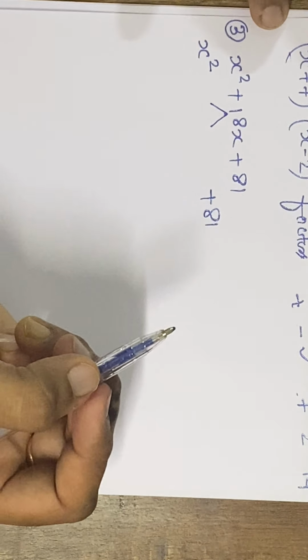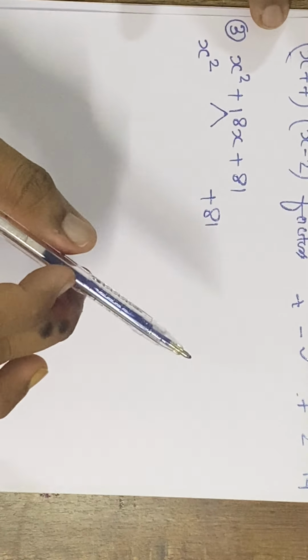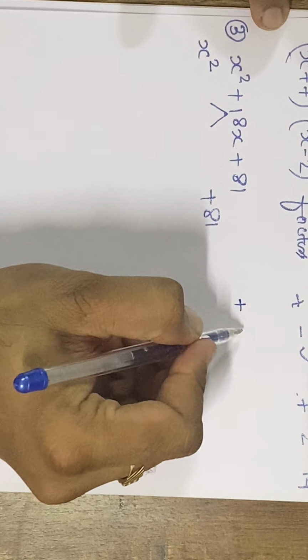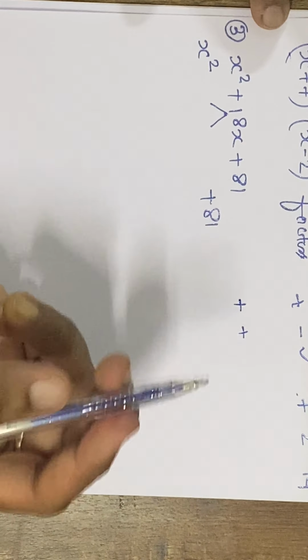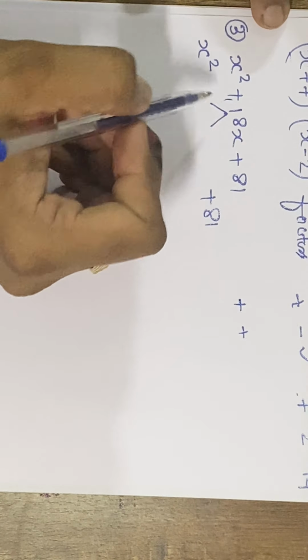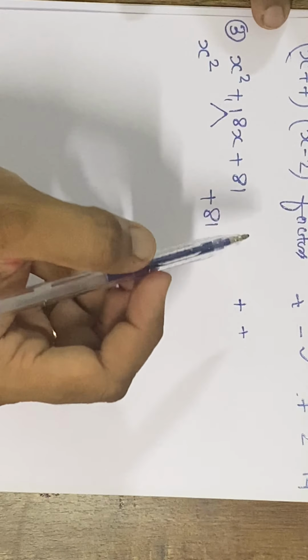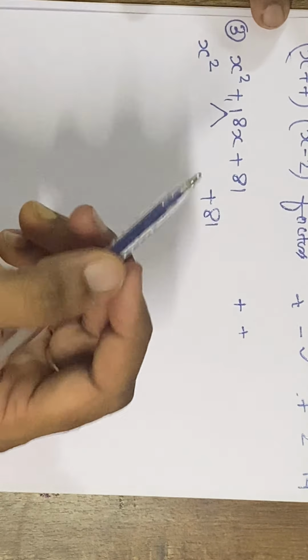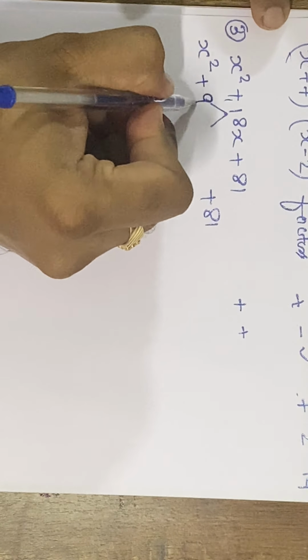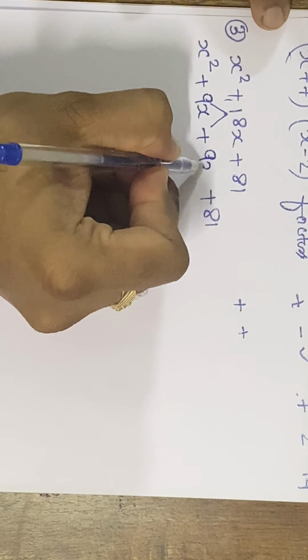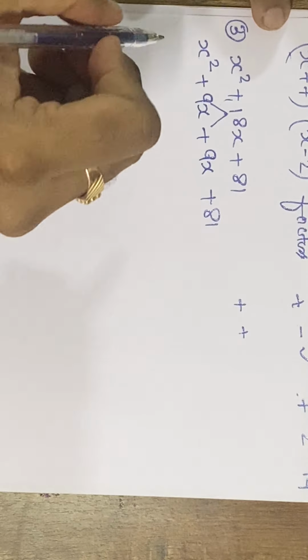It looks very pretty that all of them are plus, so my answer has to be plus and plus only. And it should be such that both numbers will be smaller than 18. So I can start with 17 and 1, 16 and 2. Those kinds of hit and trial you can do. It looks pretty easy that it will be 9x plus 9x, adding up to 18, 9 nines are 81.